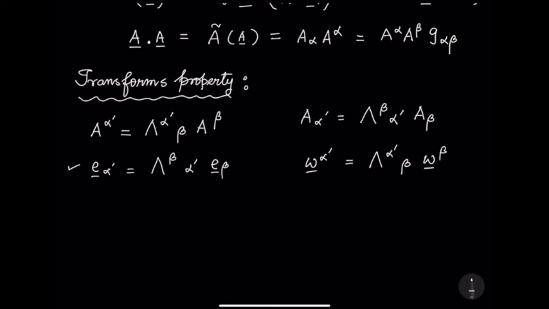Okay, so what you should note here is that if you look at the left hand side and the right hand side of the equals sign, if in the left hand side I have an index alpha prime upstairs, then in the right hand side also that index is upstairs.